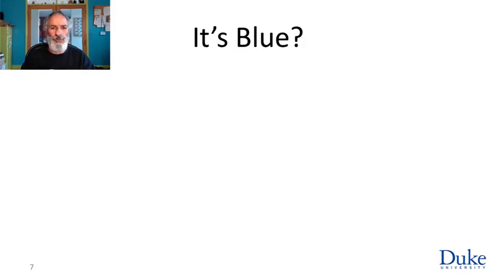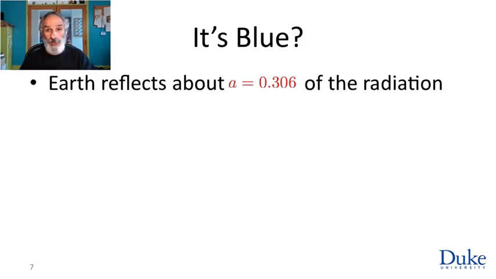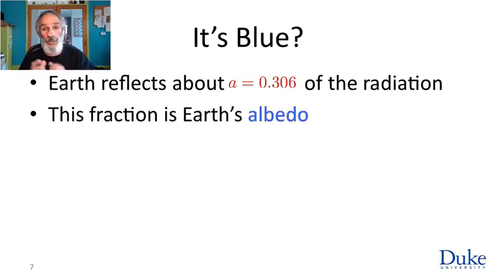How does it get to be blue? Well, the reason Earth is blue is because some of the sunlight, the visible sunlight that impinges on Earth, in fact, is reflected by cloud tops, by oceans, by Earth's surface. This fraction, about a third in the case of Earth, is called the Earth's albedo and denoted by the letter A. It is a property of any astronomical object that some of the light impinging upon it is reflected, and albedo is the term we use to denote this property.